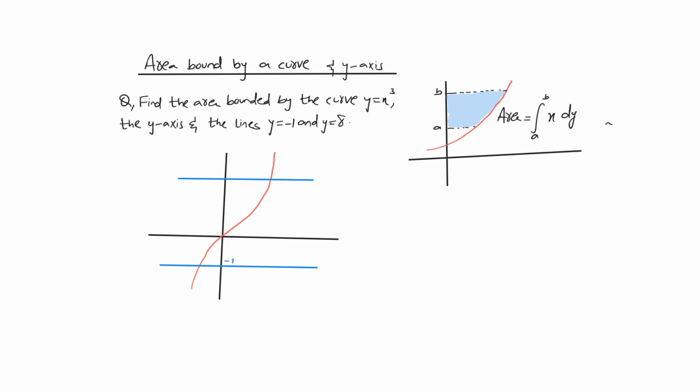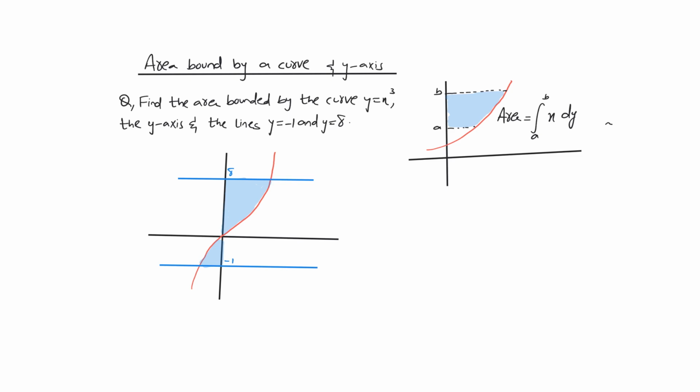So -1, 8. So the shaded region is basically this part and this part. So these are the two shaded regions.